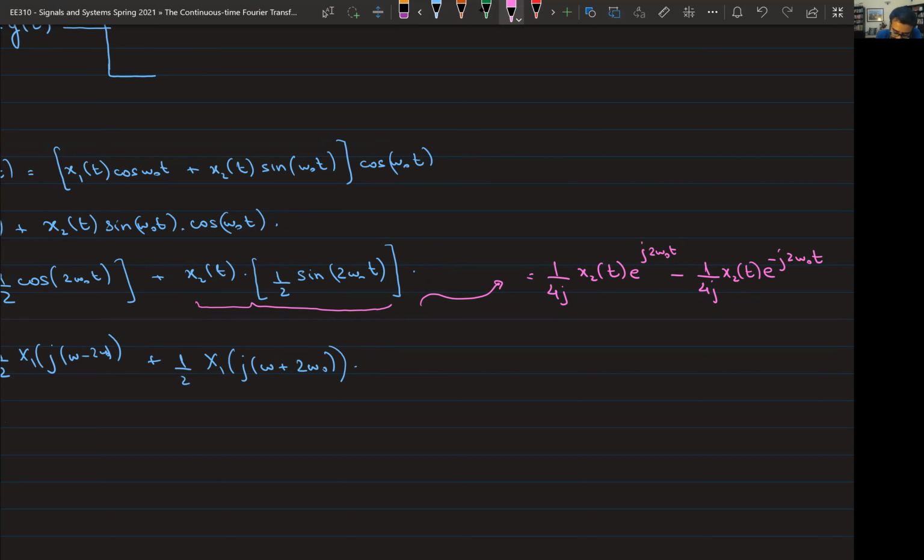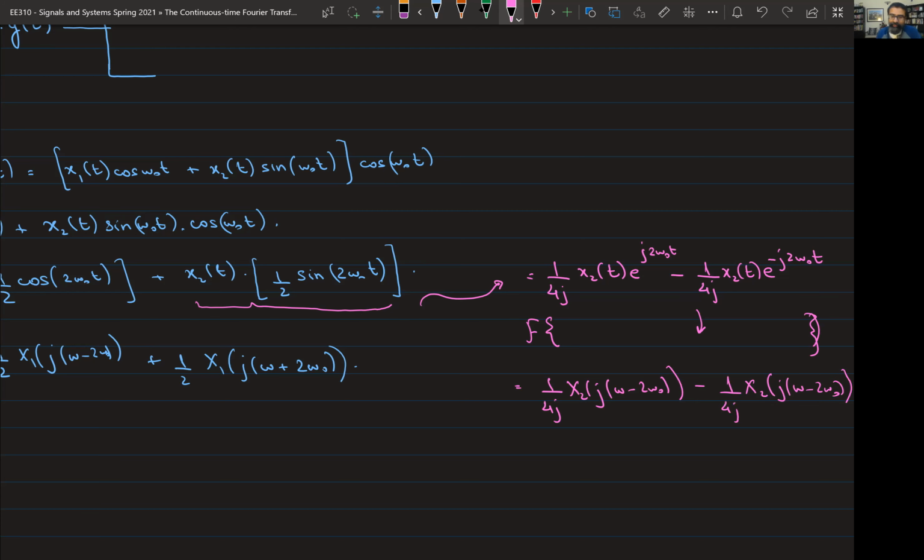Of course I can. So the Fourier transform of whatever this is equal to 1 upon 4j X2 of j omega minus 2 omega naught minus 1 upon 4j X2 of j omega plus 2 omega naught, right?